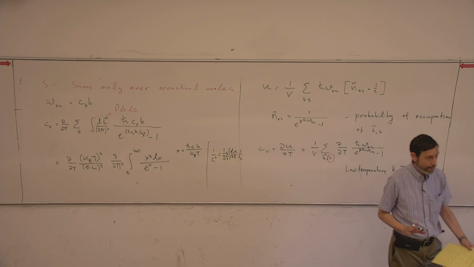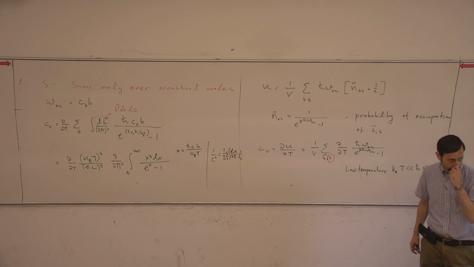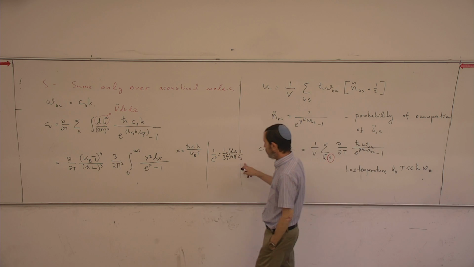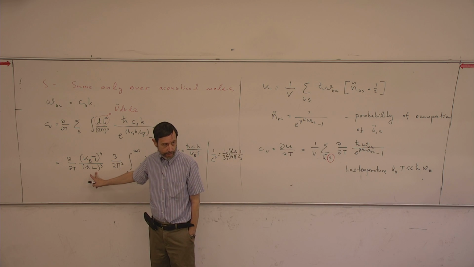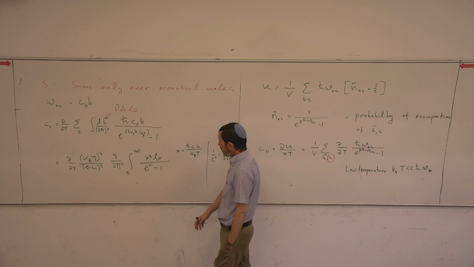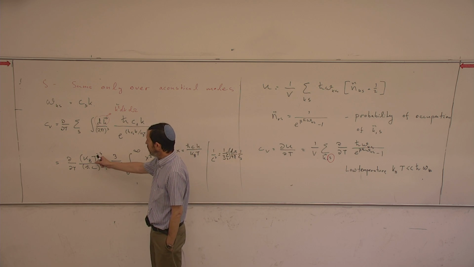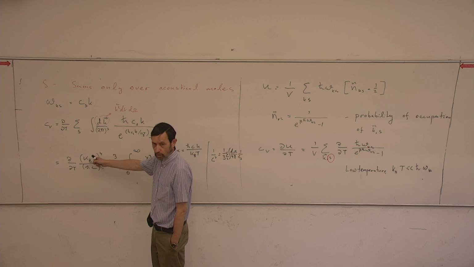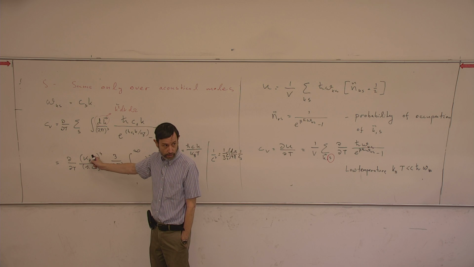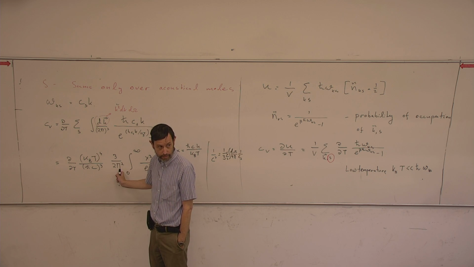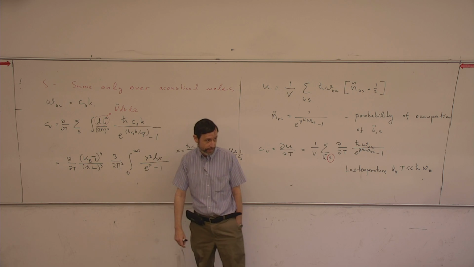That's exactly the averaging procedure, but it's not very important. Okay, so one good thing that I got here is that the only dependence on t is here, not in the integral. That makes life easier.